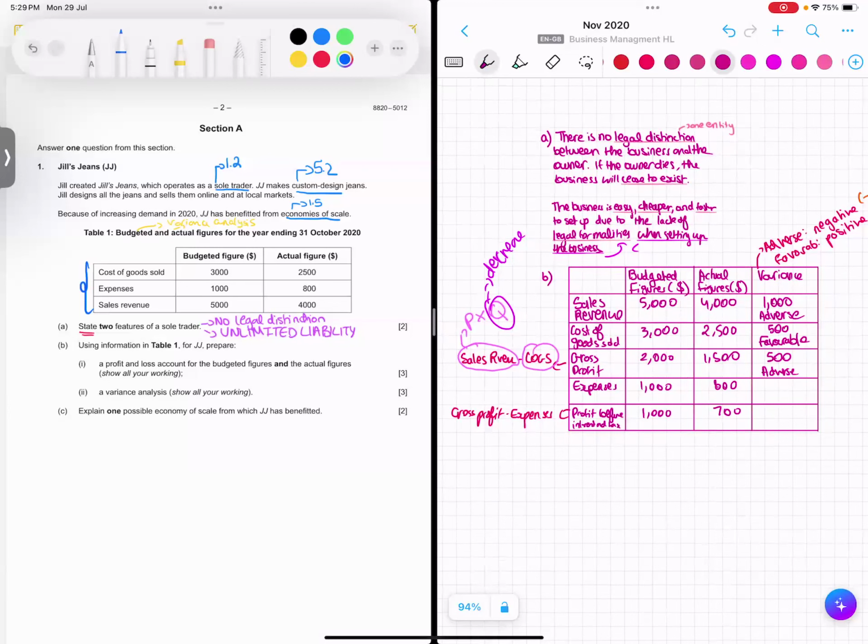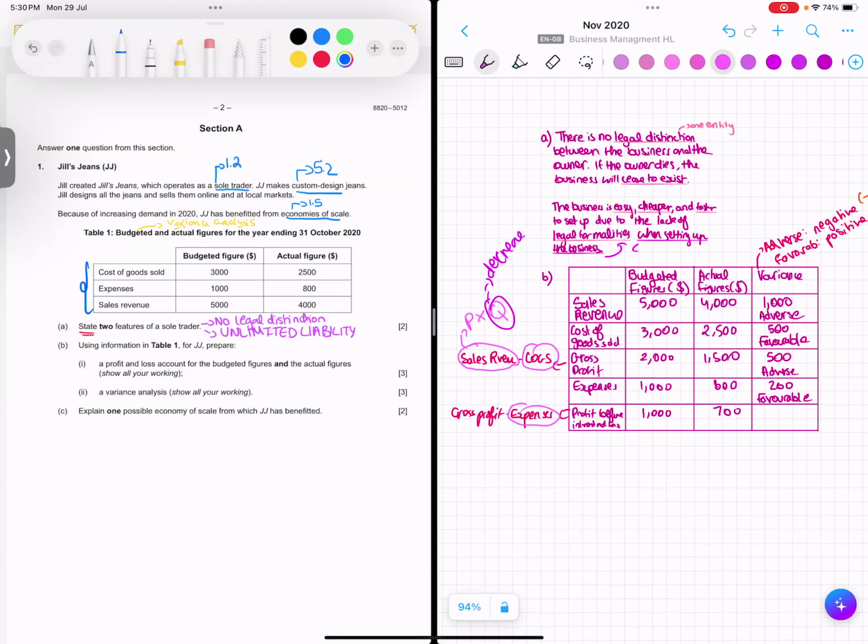So yeah, 200 is the difference for expenses. This is favorable. Why? Because the business ended up paying less for expenses, so it has more for its profit before interest and tax. We can see that from the formula of profit before interest and tax. So this is something good for the business, but again, it's also normal for the expenses to be less because they sold less.